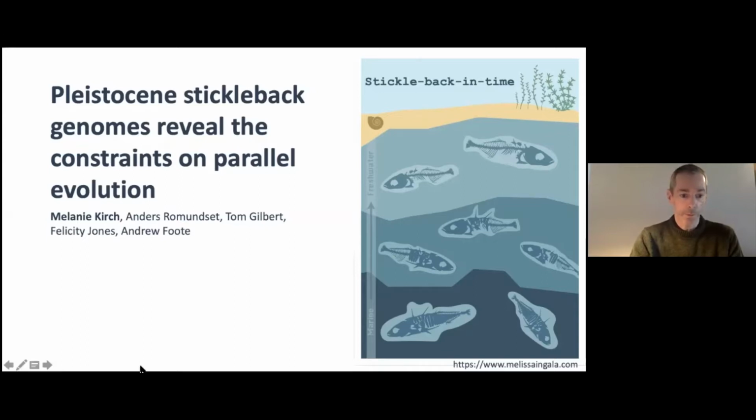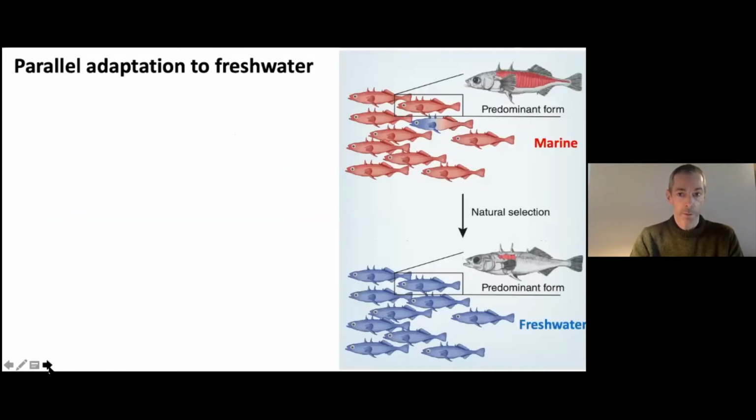And so free-spine stickleback are a classic study system in ecological speciation and adaptation. The marine form has many of these bony armor plates down the side, and that's thought to protect them from predators. And when they colonize freshwater, they actually lose a lot of these bony armor plates.